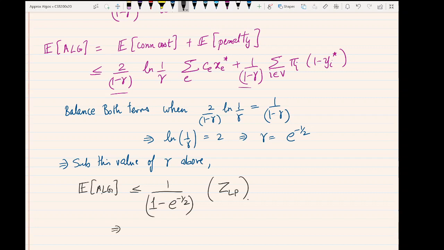So this is approximately equal to 2.54 ZLP. Of course, this is a fraction of some sort. This is an irrational number of some sort. So this is a 2.54 randomized approximation algorithm.